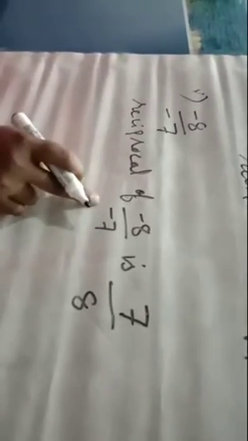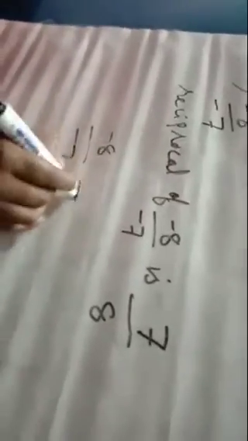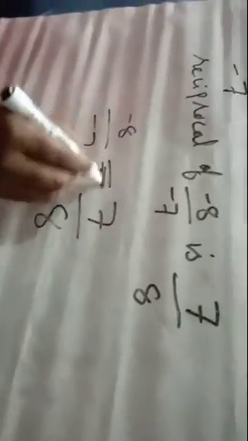And when you are writing the answer for the reciprocal, you write the full words, reciprocal of, like that. Otherwise, don't write this way, minus 8 by minus 7 equal to 7 by 8. This is wrong. Is it equal? No, its reciprocal is 7 by 8. So don't write equal to like that. This is not equal.